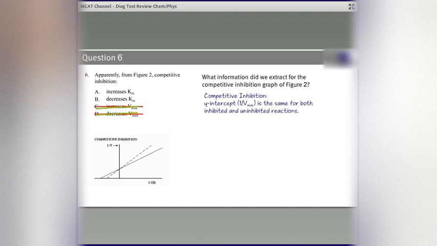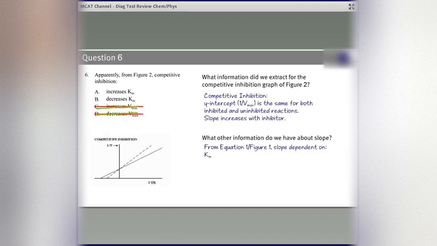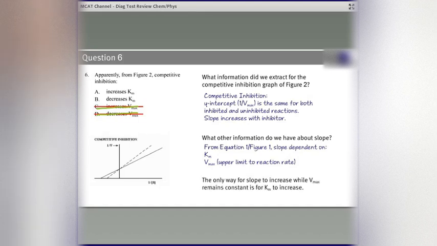If the slope changed, what absolutely had to change? The K sub M. And if our slope increased, what else do we know about K sub M? It increased. So what answer choice is the only one possible at this point? Yeah, very good, Daniela. Very good, Rosa. It has to be answer choice A.